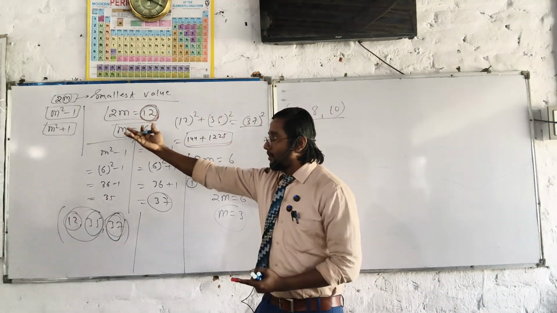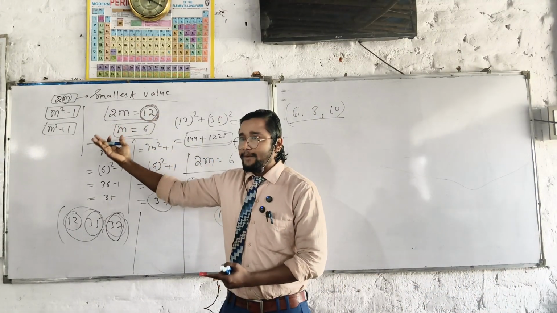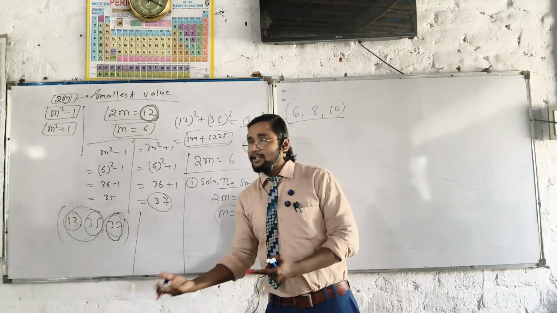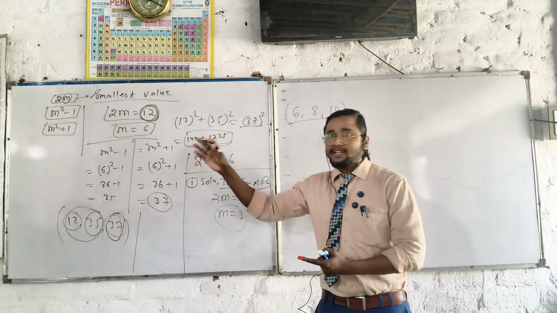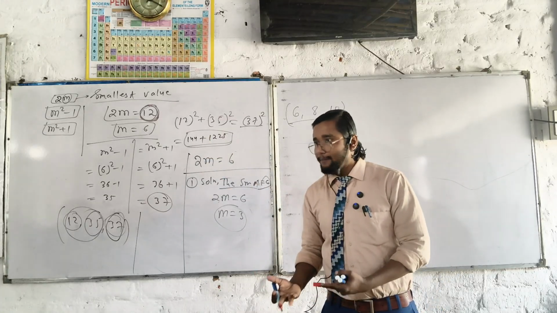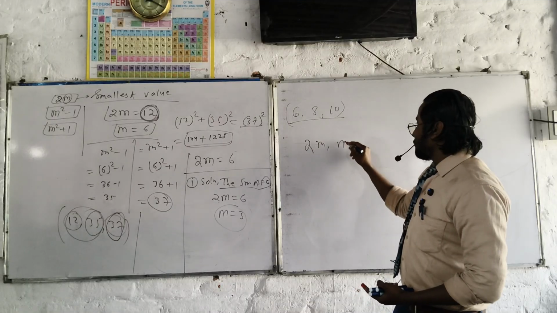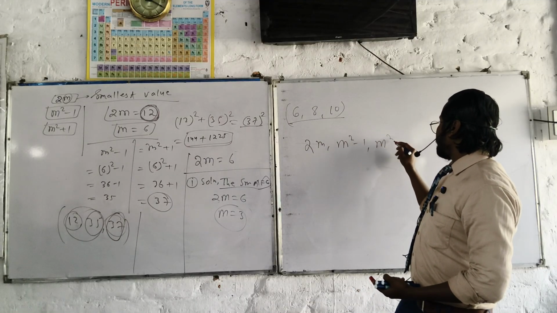What I said in the Pythagorean triplet, I said to you that 2m, m square minus 1 and m square plus 1. Always in case of the natural number except 2, always consider 2m as the smallest member from the Pythagorean triplet. 2m, m square minus 1 and m square plus 1.